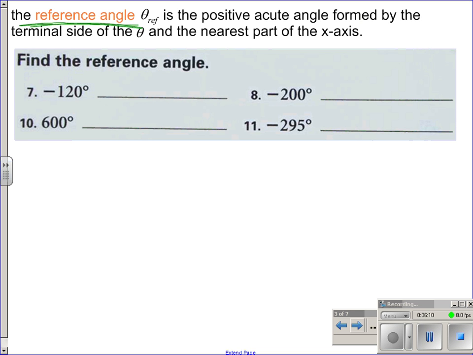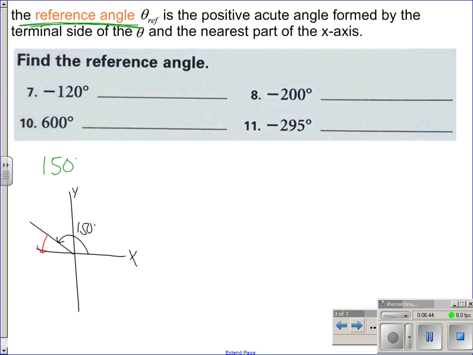Let's just look at 150 degrees. So, when I put that angle onto the XY grid, 150 degrees is right here. It goes 90, and then another 60 degrees. So, the reference angle is the angle formed between the terminal side and the closest part of the x-axis.